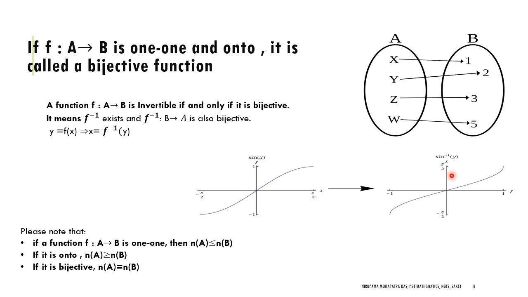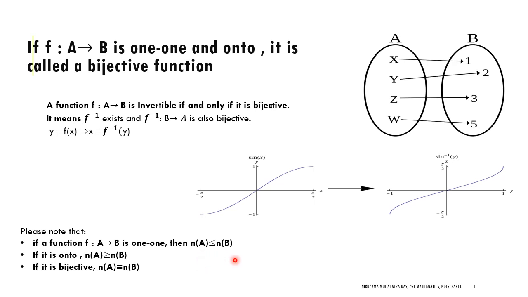So please note that whenever f is a function from A to B and it is one-one, we will have the number of elements in A less than or equal to the number of elements in B, because every element of A should be associated with only one.